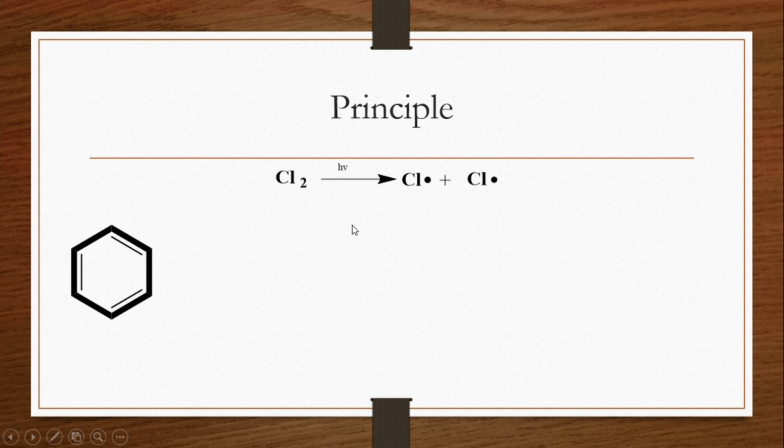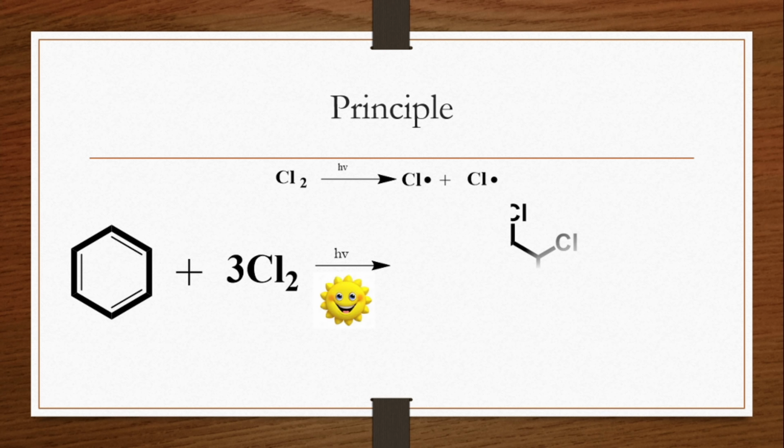A molecule of benzene requires 6 chloride free radicals. To generate 6 chloride free radicals, we require 3 molecules of chlorine, 3 Cl2. These chlorine molecules dissociate to form chloride free radicals, and these chloride free radicals react with benzene to give the required molecule, that is hexachlorocyclohexane.